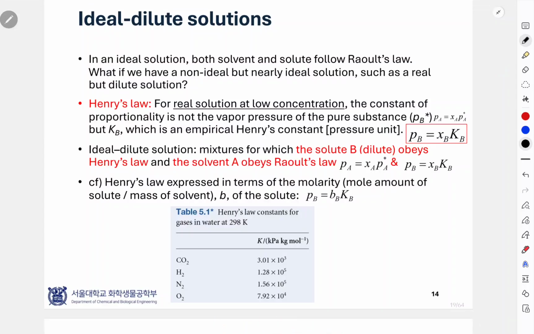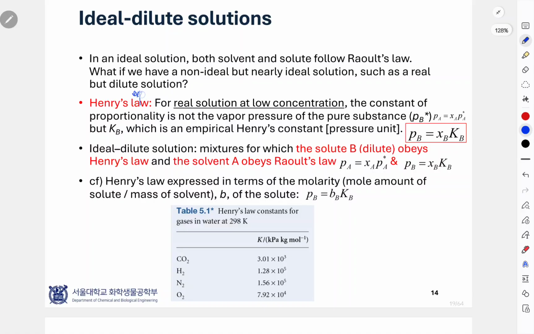So Henry's law was found experimentally. This is also an experimental observation for real solutions at low concentration. The constant of proportionality is not the vapor pressure of the pure substance, but some empirical constant K, which is the Henry's constant.